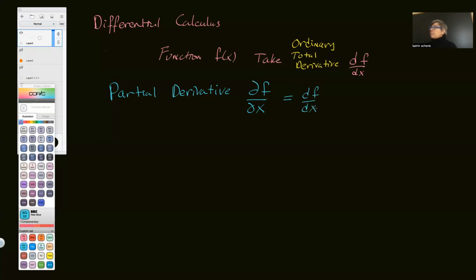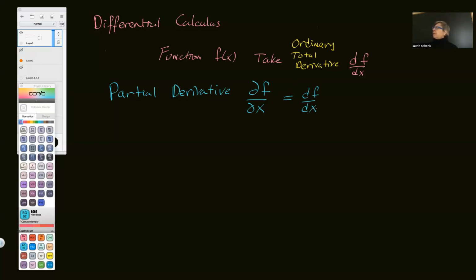Okay, so those two symbols are interchangeable, right? But when you're working in your theoretical calculations, if you have a partial derivative of something that only has one variable, rewrite it as a total derivative, okay? Because it can be confusing.